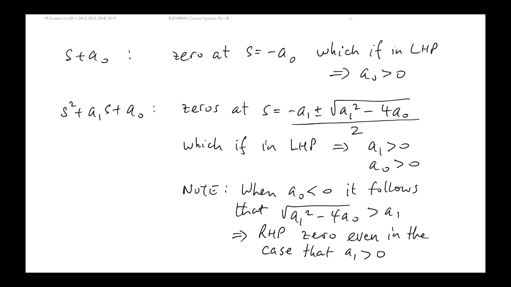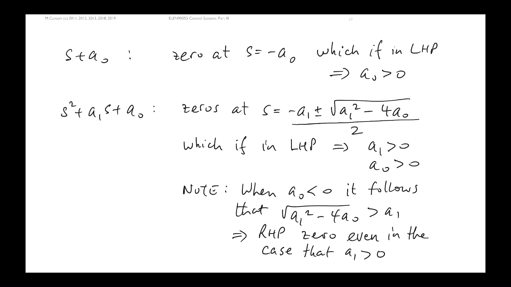If A0 were negative, then it would follow that this number here would be bigger than A1, because we would be adding something to A1 squared, and so when we take the square root of that, we'll get a number that's bigger than A1.